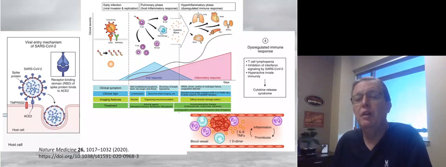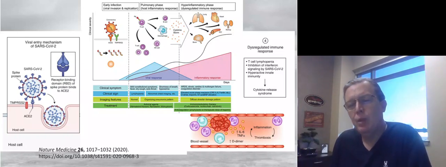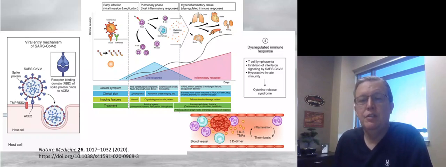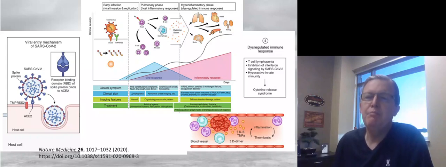All of those components are a portion of this inflammatory latter phase, which is anywhere between 10 days to weeks, possibly even a month period, depending on how the patient is responding. This is where patients manifest with things like ARDS that we've alluded to earlier.